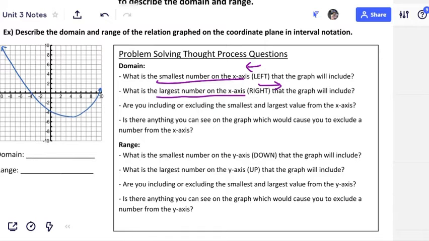So forever to the left means that we're not just stopping at negative 10, we're including every value beyond negative 10 going to the left. So what value is that? Negative 13, negative 20, negative 300. We can go on forever. So as we're going to the left, we're including every value that exists to the left. So that means we're going to negative infinity.